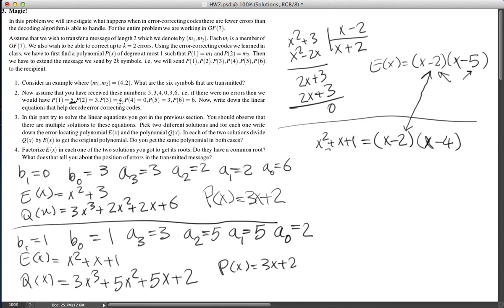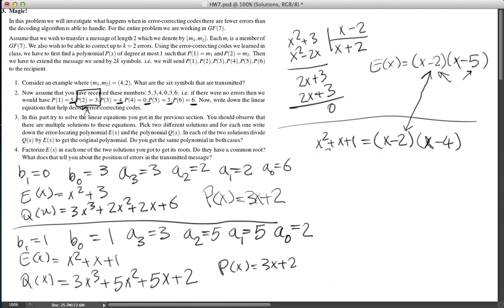The only place where 3x plus 2 is not the value that we got is the point 2, so our error locating polynomial has to be 0 at that point.